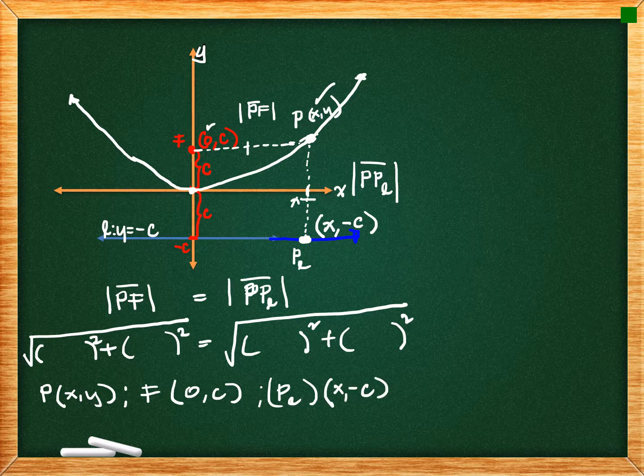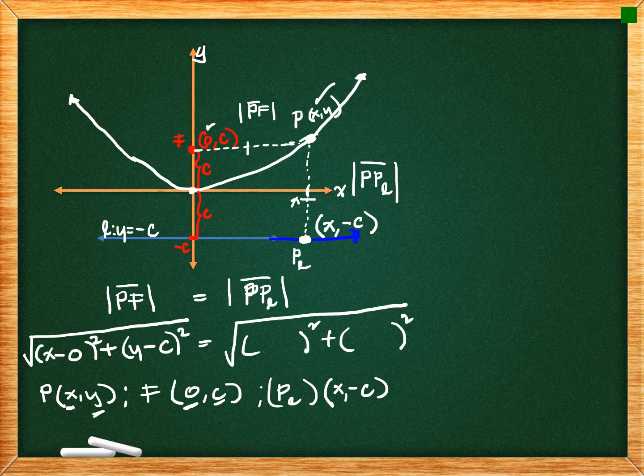Alright, so when we put that into the formula, we have for P and F, x minus the x coordinate of F, which is 0, and then y minus c.